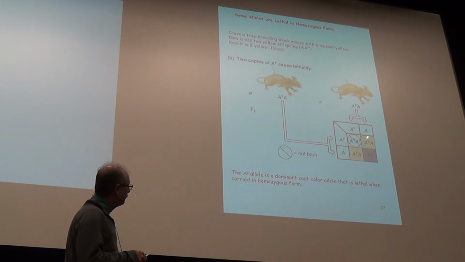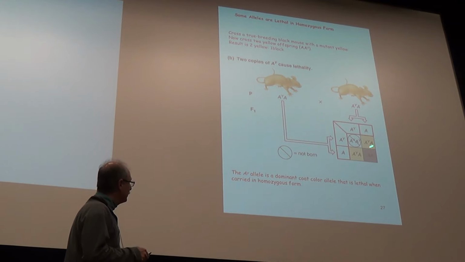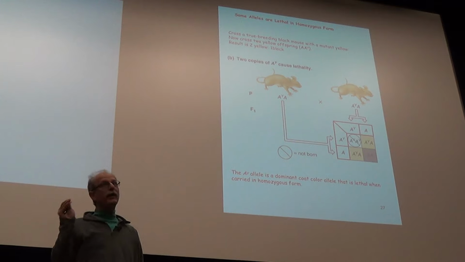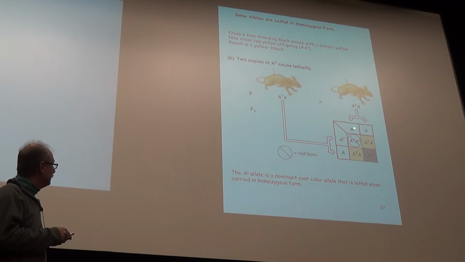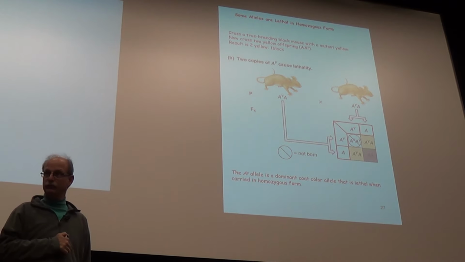You end up not with a 3 to 1 ratio, like Mendel's ratios would have been, but a ratio that goes 2 to 1. Now this is simply an observation. We are observing the fact that there are 2 yellow mice and 1 black mouse in this cross.